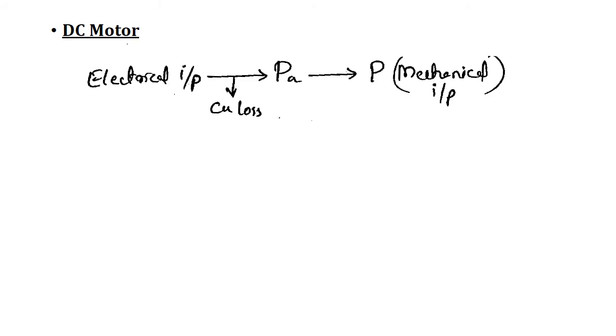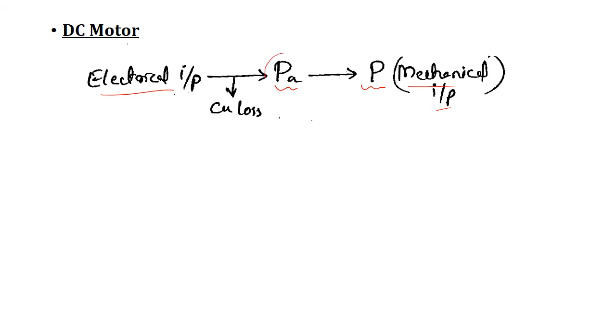Next, we will consider the case of a DC motor. For DC motor, the electrical power is given as input and mechanical power is obtained as output. Capital P is the output power. PA is the power developed in armature. So when electrical input is given to the motor terminals, there will be copper losses in the armature, and the remaining power will be converted to mechanical power.